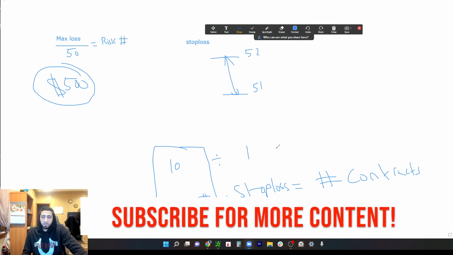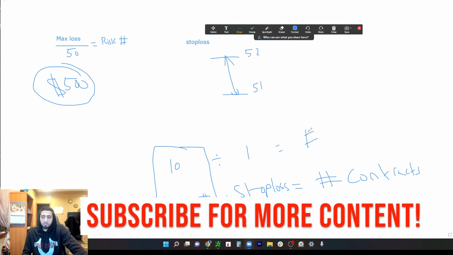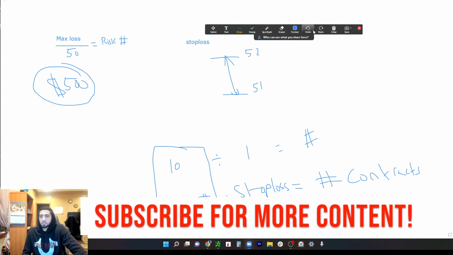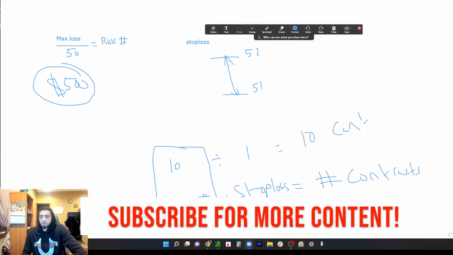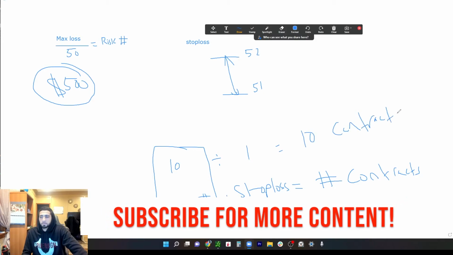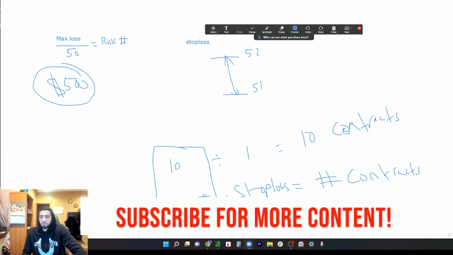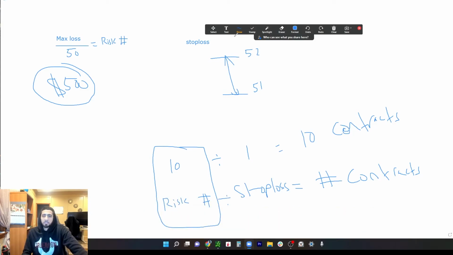So divided by 1, I can automatically buy 10 contracts, right? Now look how fast you can do this. Let's say another trade, you want to play puts on something. You're going to get puts when the stock breaks 500, and then you're going to get out if it goes to 505. Now your stop loss there is 5.